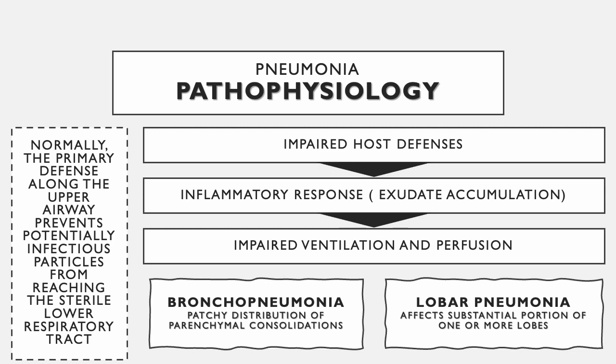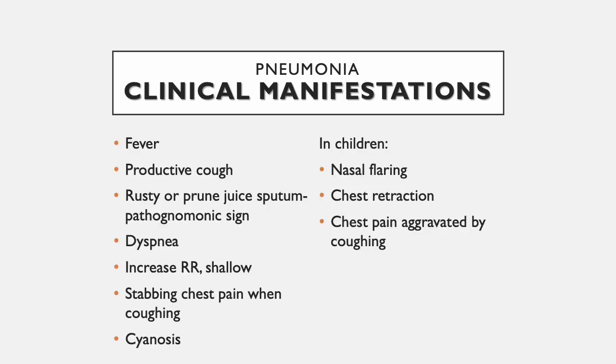So, pwedeng yan yung mga pwedeng i-classify, okay, yung pneumonia. Now, pneumonia is manifested by these. So, I think nabanggit naman na to kanina, no? Pero, ang paalala lang, ang pathognomonic sign ng pneumonia is the presence of rusty or prune juice sputum.